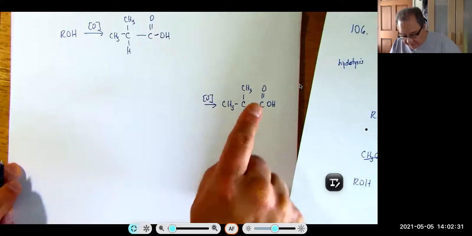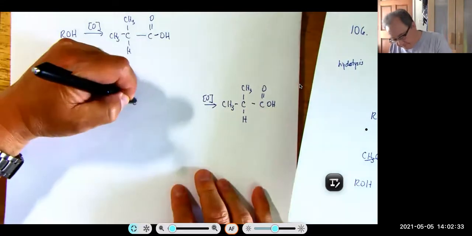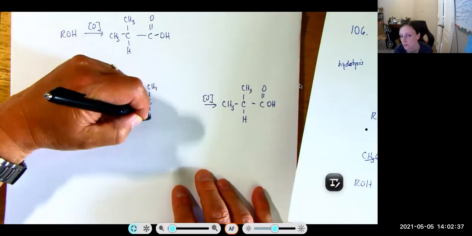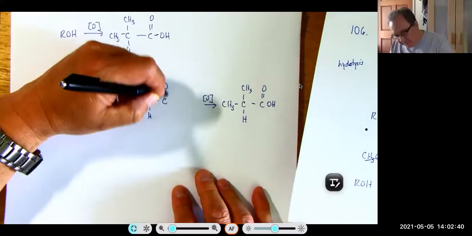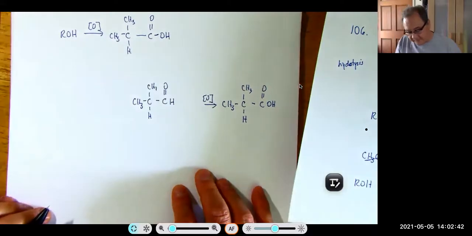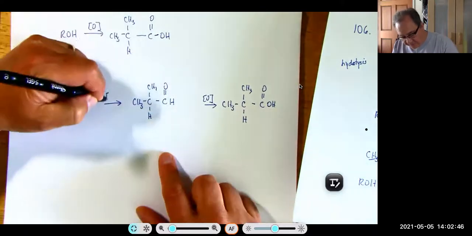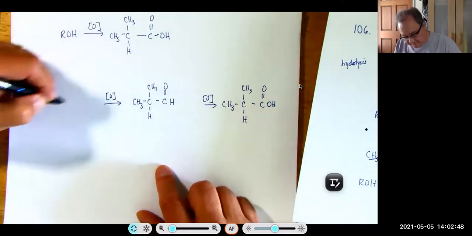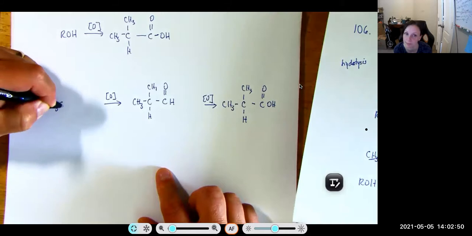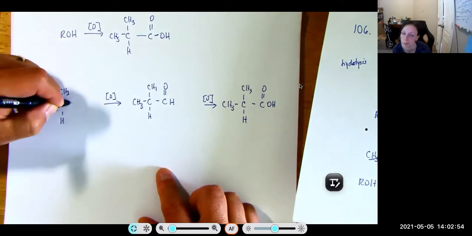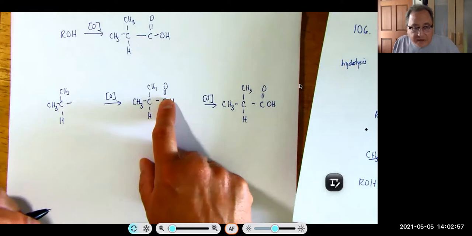But where does this come from? Comes from here. Okay, but that's not the alcohol. So where does this come from? Well, where did the double bonded oxygen come from?